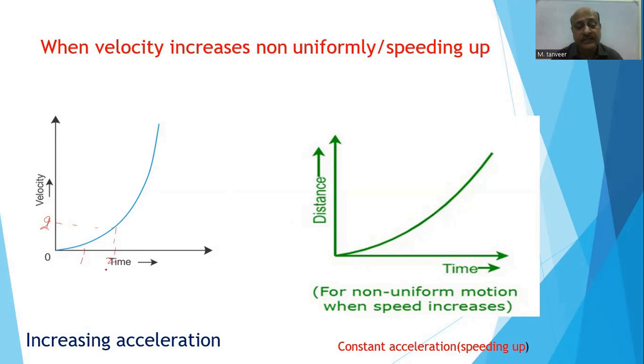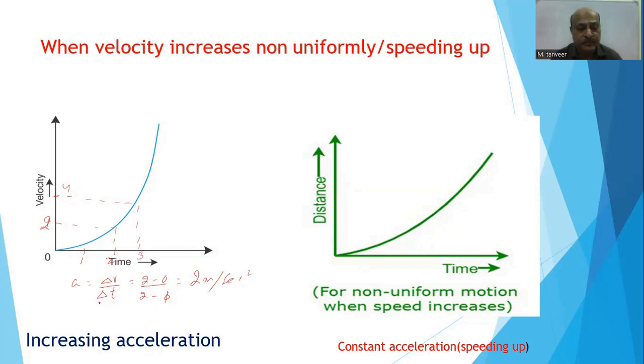When you find the acceleration, it will be change in velocity, delta V divided by delta T. Delta V is 2 minus 0, time is 2 minus 1. So acceleration is 2 meters per second square. We find the acceleration at another point, that is 4, and time is suppose 3.